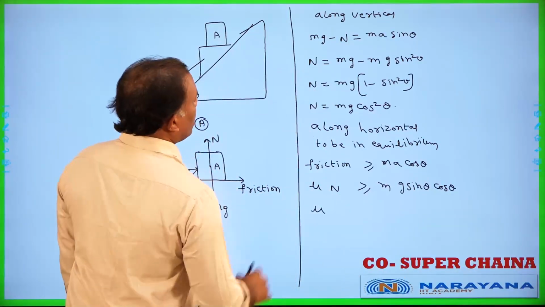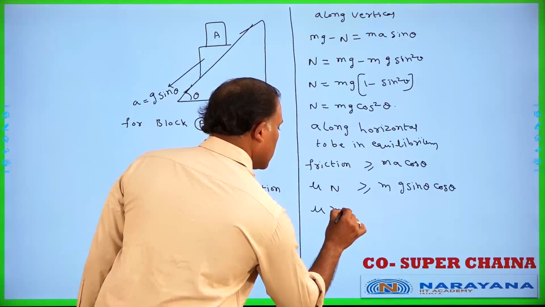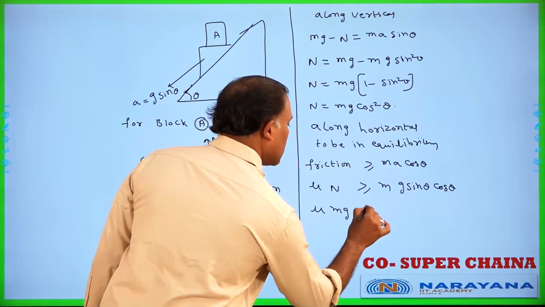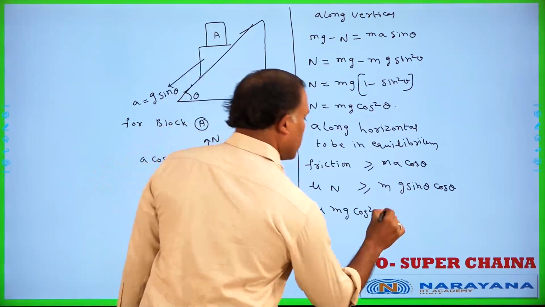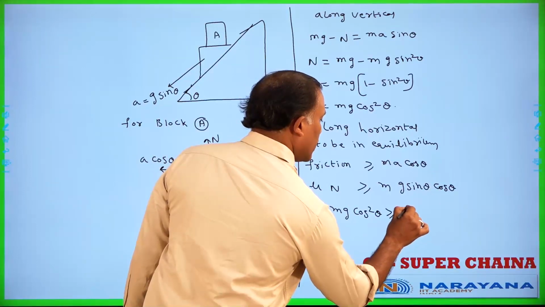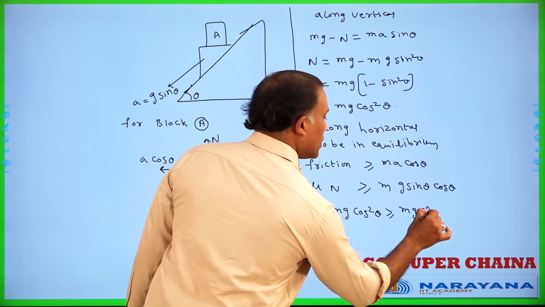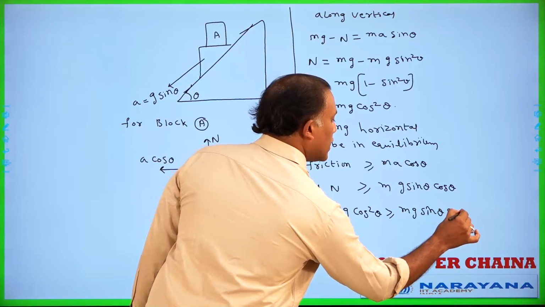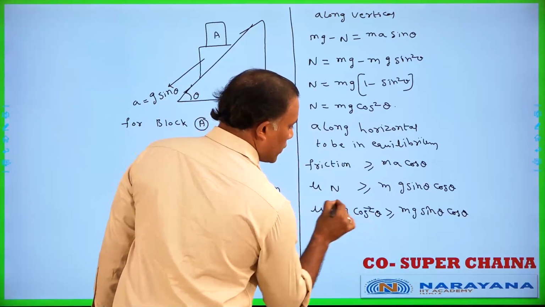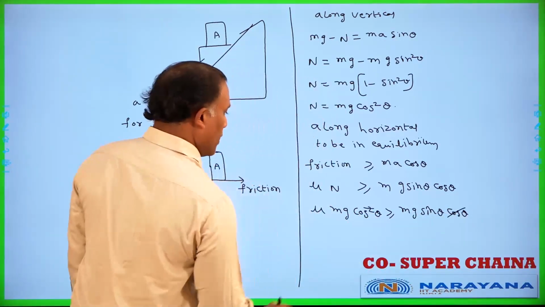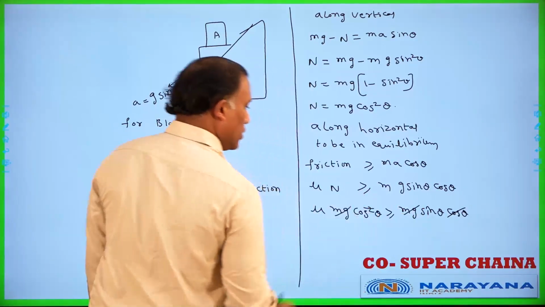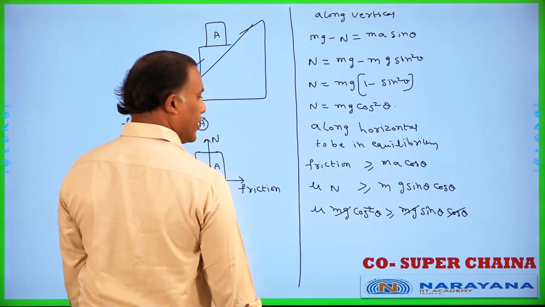Mu times normal reaction mg cos square theta: mu mg cos square theta is greater than or equal to mg sin theta cos theta. So cos can be cancelled, mg also gone, then cos sending that side.